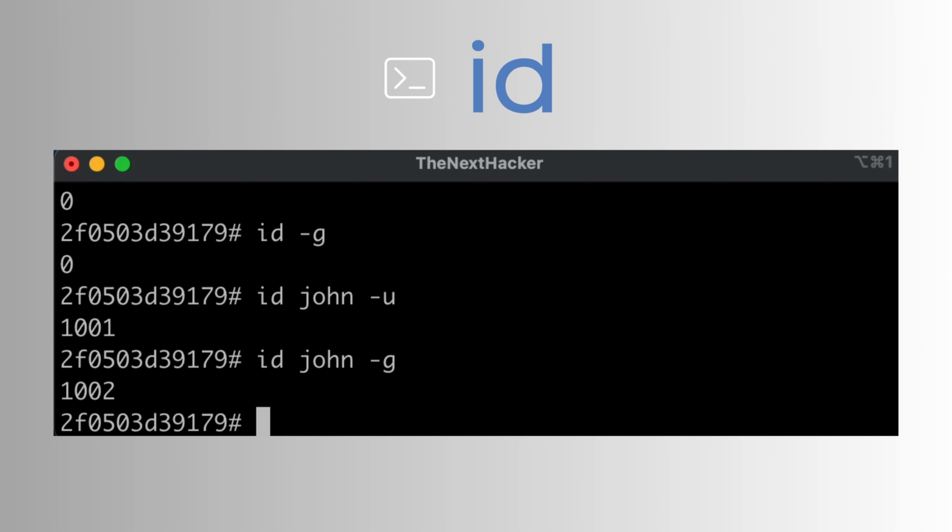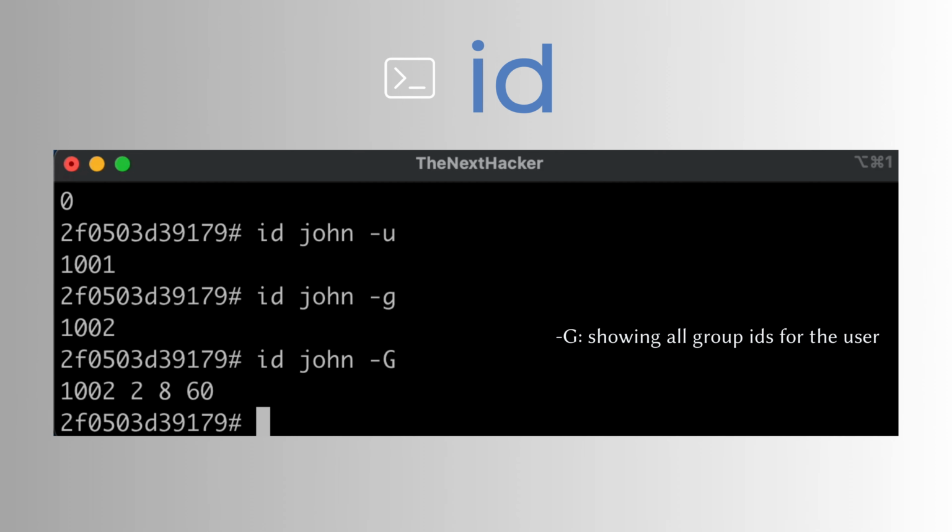If I want to see John's various group IDs, I'll type id space -G John. If I enter here, it will show me the various groups that John is part of. And if I want to see names instead of numbers, I can use -n.